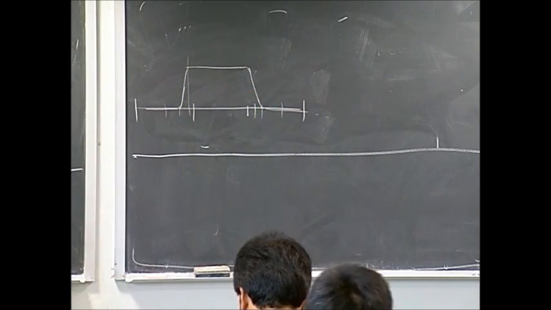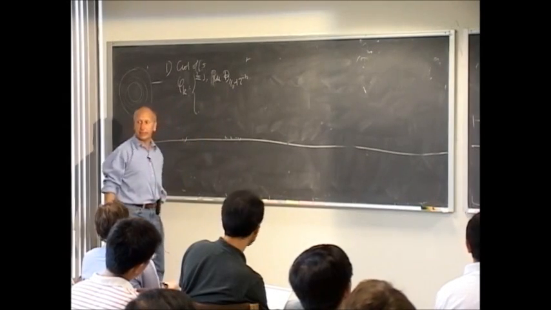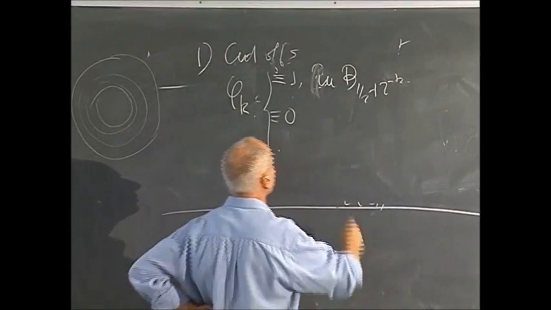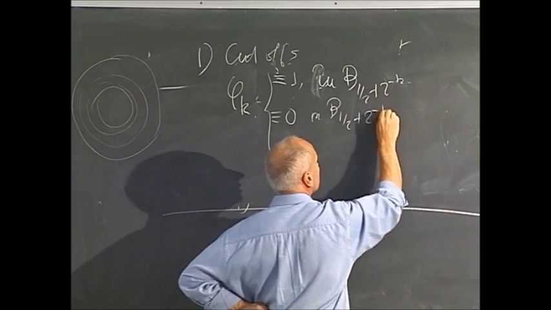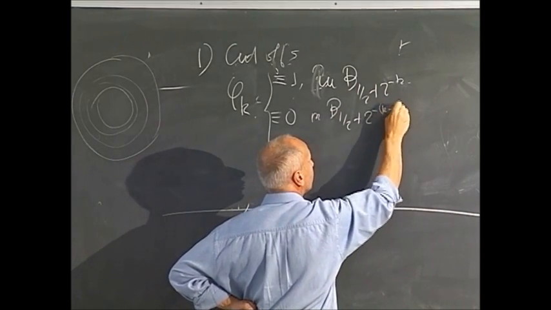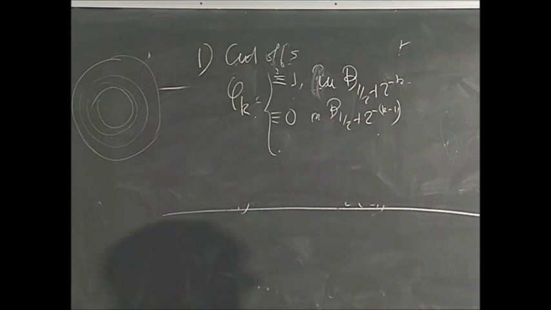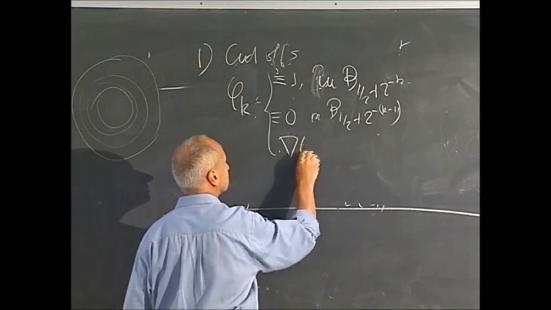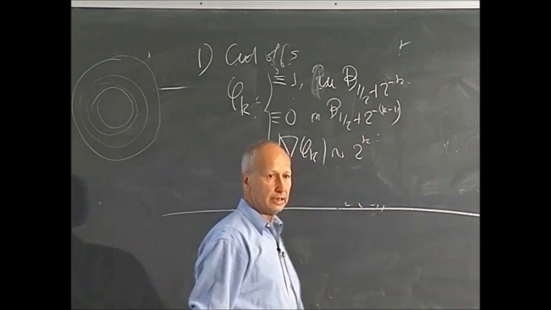So phi_k is going to be identically 1 in the interior ball of the ring, and it's going to be identically 0 outside the exterior ball of the ring, 2 to the minus k minus 1, that is the previous ring. And then I'm forced to do the gradient will be of order 2 to the k.